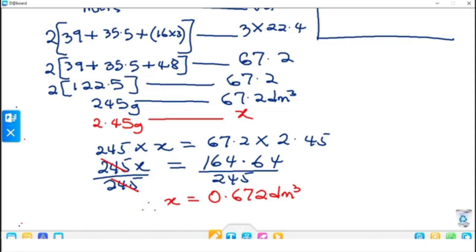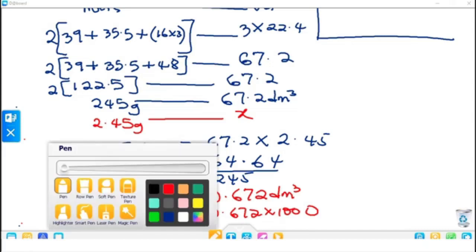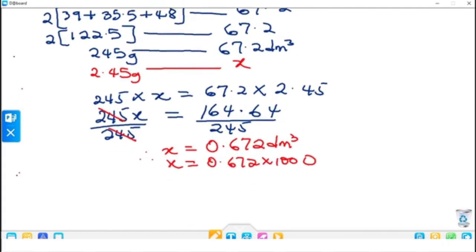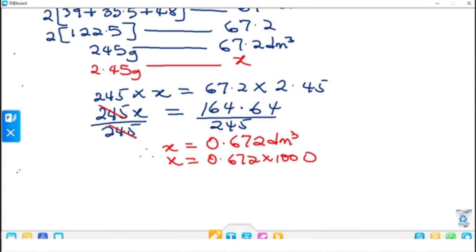Now, sometimes in a given question, you may be told to leave your answer in cm cube. If you are told to leave your answer in cm cube, you simply multiply by 1000. That is to say, if we are converting dm cube to cm cube, you simply multiply by 1000. So multiplying by 1000, we're simply going to move the decimal point 3 places.